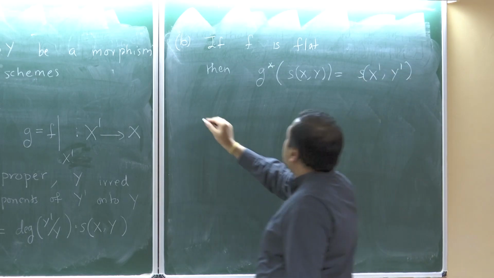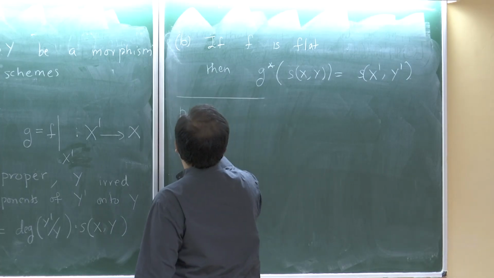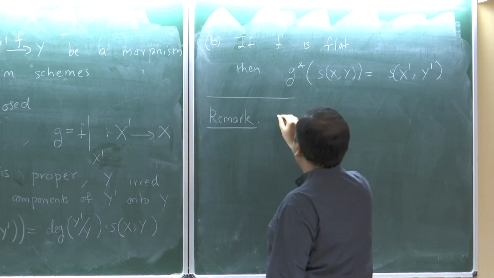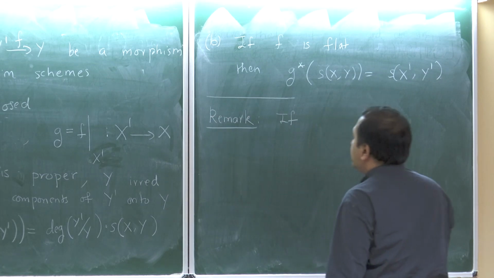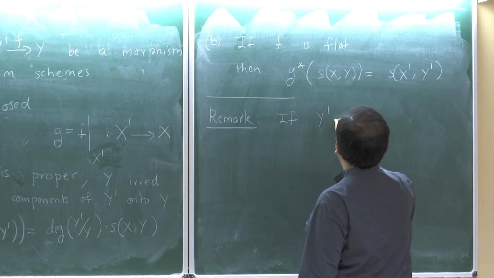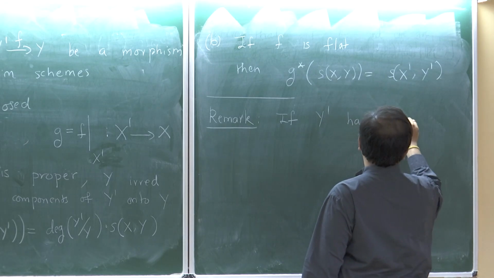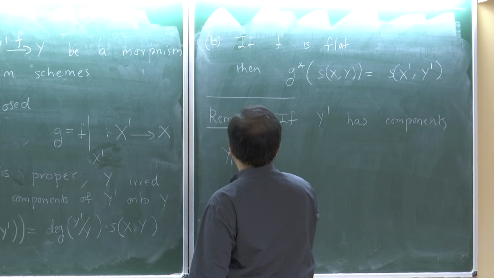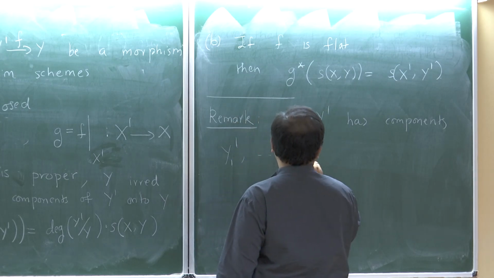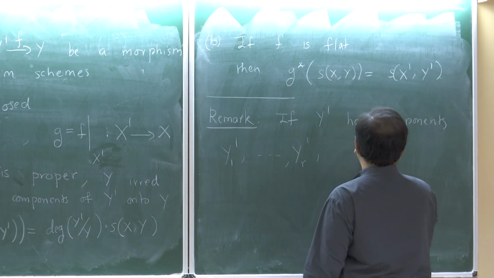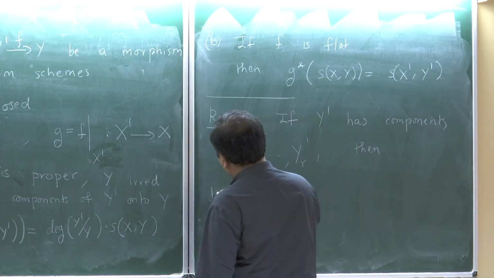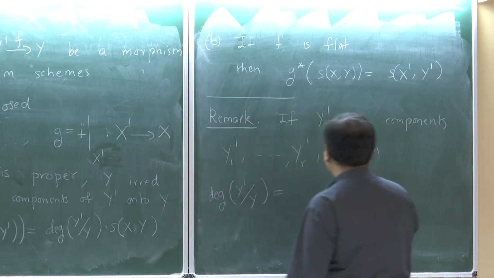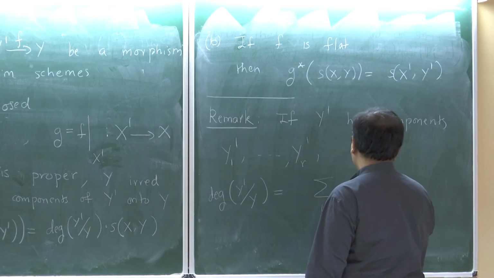So what do I mean by the degree? If Y prime has components Y_1 prime, and so on up to Y_r prime, then the degree of Y prime over Y is defined as the summation over i.